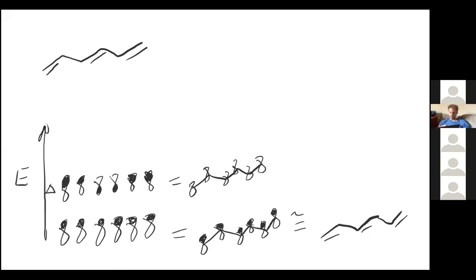Still double bonds, just no resonance at this point.